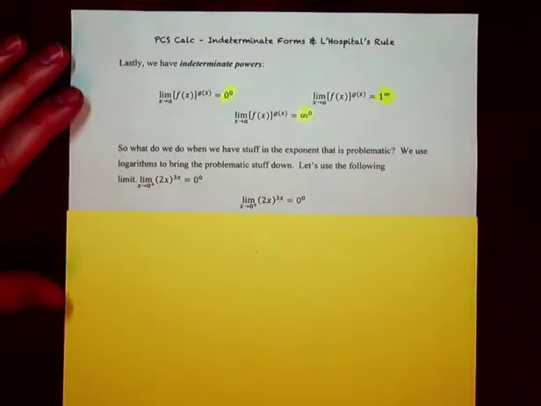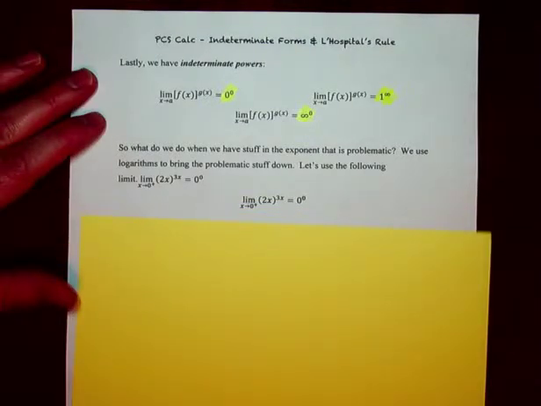A variable in the exponent is something that we don't really like, we have a hard time dealing with, and of course, we have a way of dealing with it. And that way of dealing with it, the way of pulling down variables out of the exponent, we use natural logs, okay?